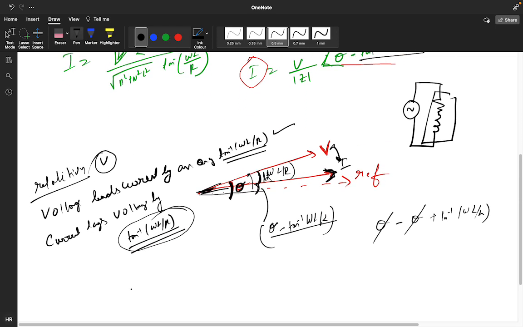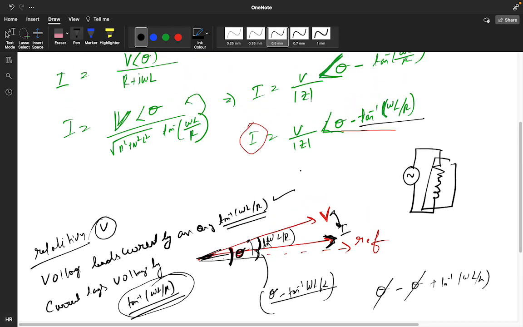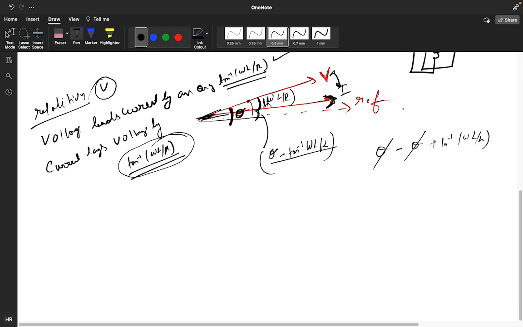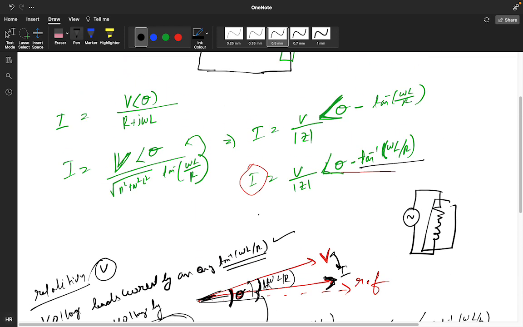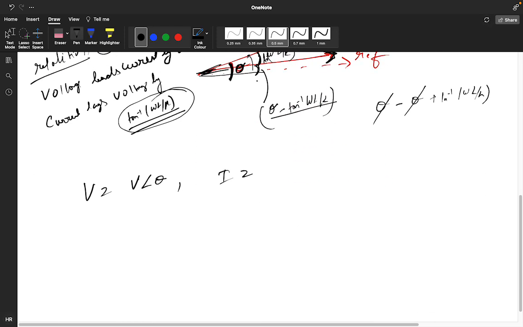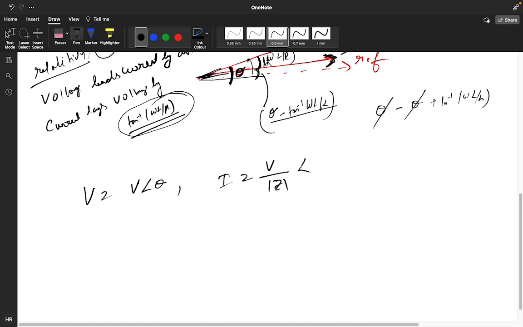So we understood that I is equal to V by Z at an angle theta minus tan inverse omega L by R. If V is V at an angle theta, then I is V by mod Z at an angle theta minus tan inverse omega L by R. So what is your power?